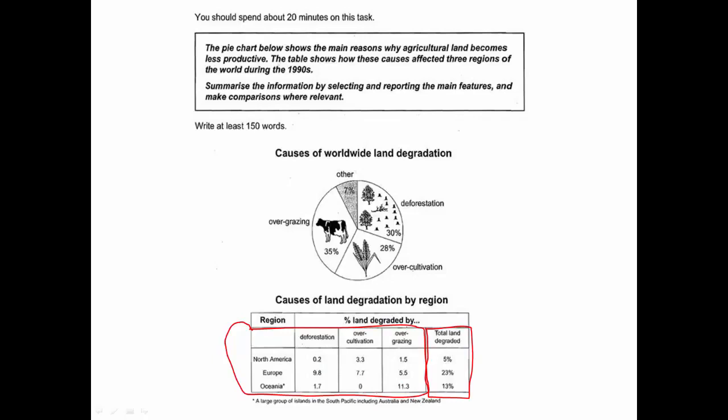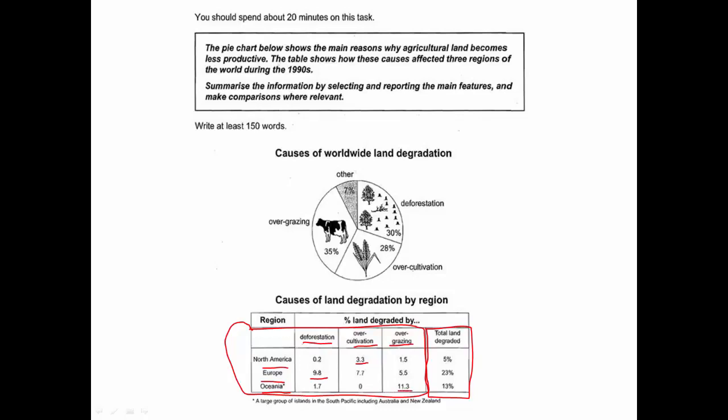So what we need to do first is think about the purpose. What is the purpose of this box? It's to show the difference between the 3 areas and the 3 reasons. So we need to look for significant data. North America, its main reason is overcultivation. Europe, its main reason is deforestation, and overgrazing is the main reason for Oceania.